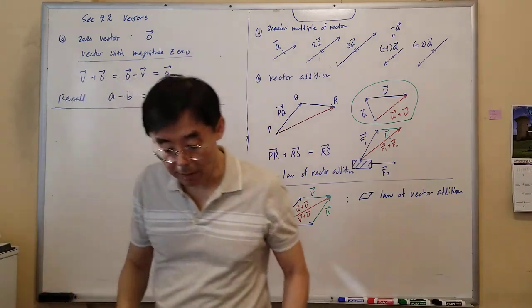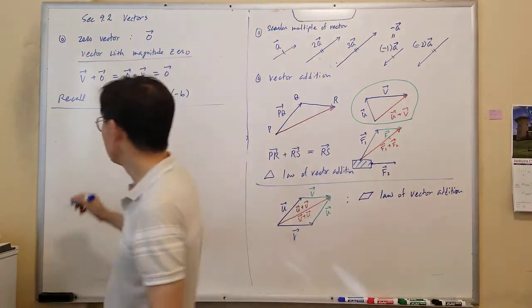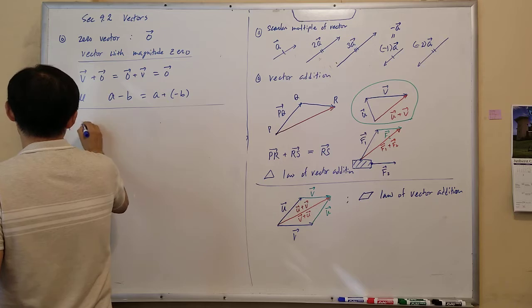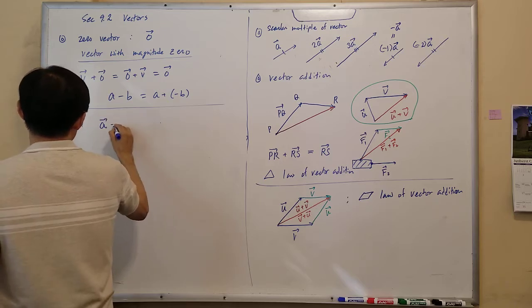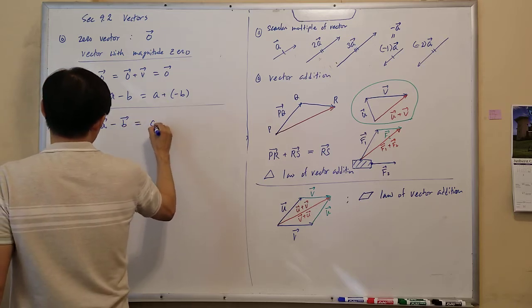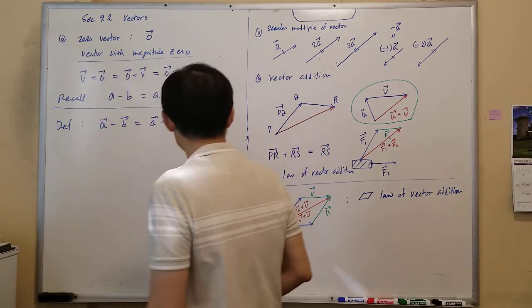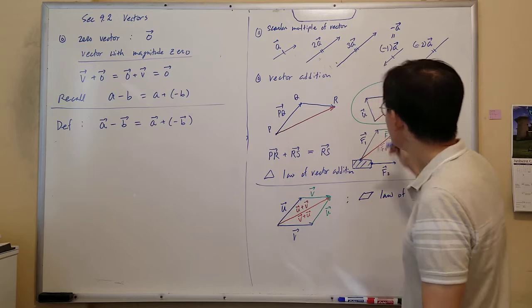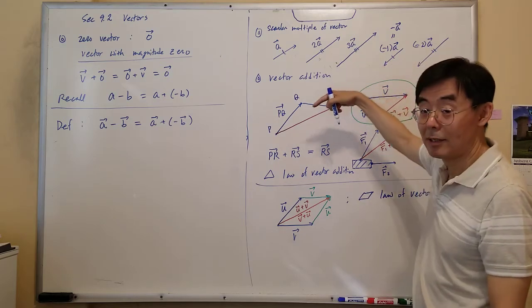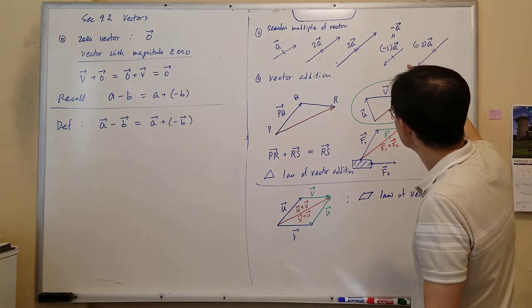Vector subtraction can be defined the same way. So, definition: vector A minus vector B is defined as vector A plus negative B. Negative B is the opposite direction of B, same magnitude.